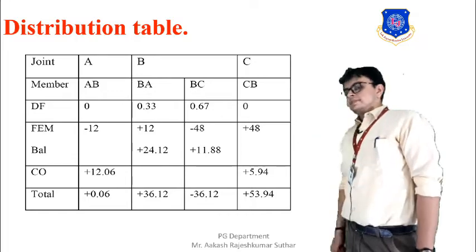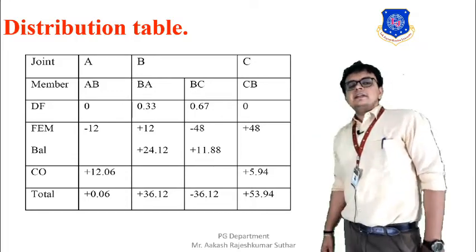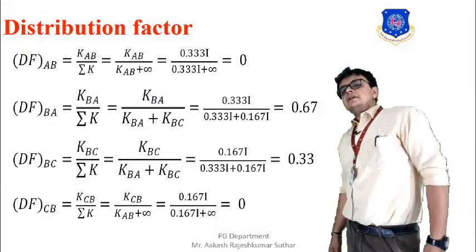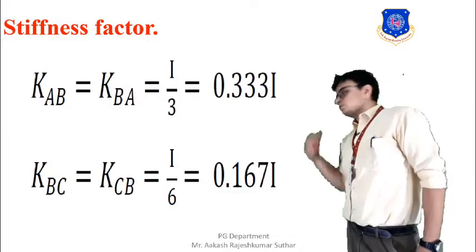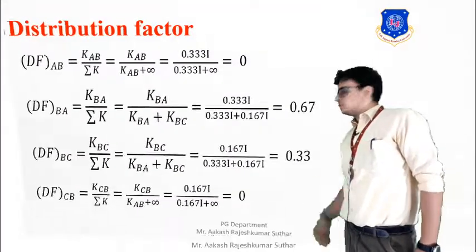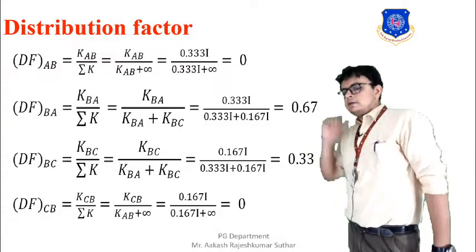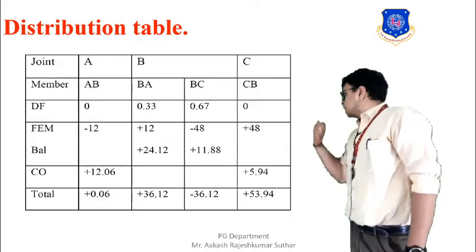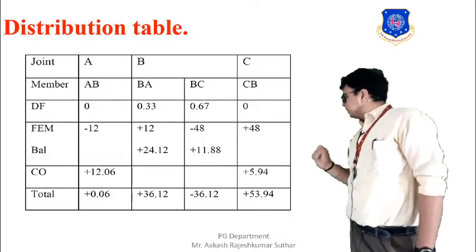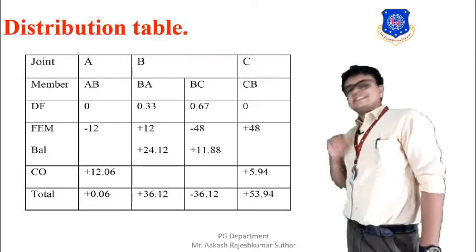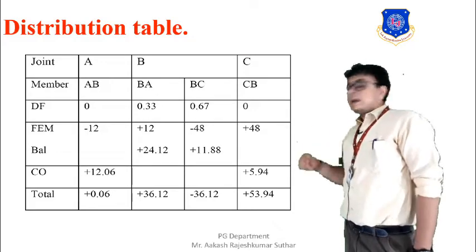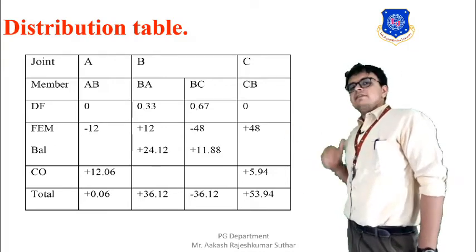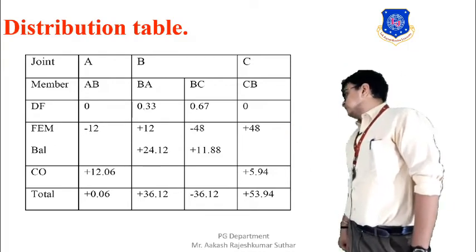In the next row, we will have the distribution factors. The distribution factors were calculated previously. These are the stiffness factors and this is the distribution factor. We have calculated them, so we just have to keep them in this table. For the AB member, the distribution factor is 0. At joint B, for the BA member, the distribution factor is 0.33.